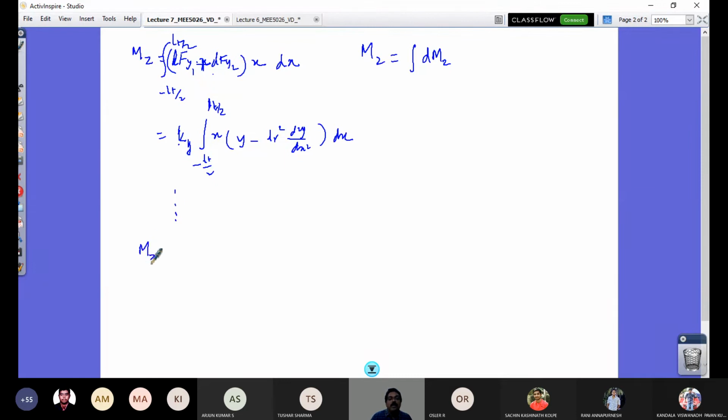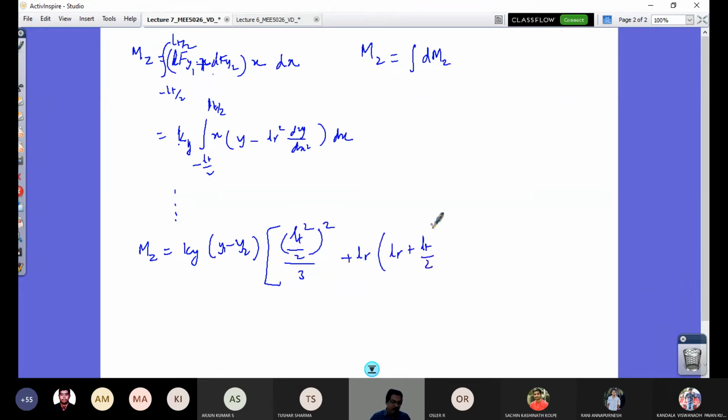So I'll finally get Mz is going to be ky in bracket (y1 minus y2), and I'm going to have this expression: LT squared by 2 whole square by 3 plus LR plus LT by 2. So let this equation be 1.49, the 49th equation.